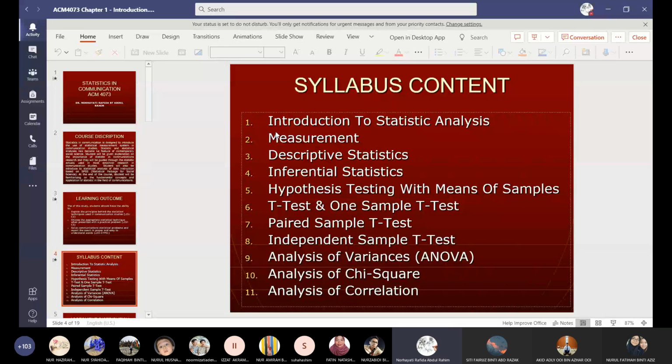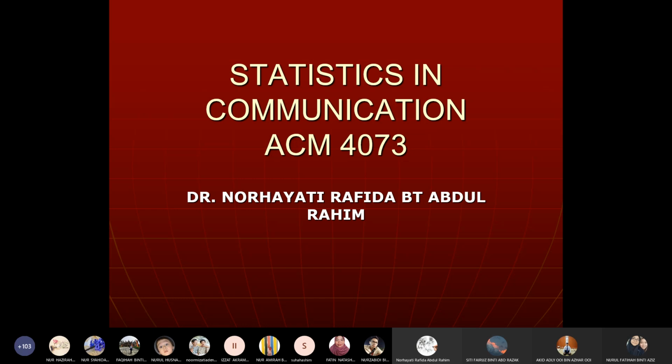So there are techniques under t-test. So it becomes 1. 1, 2, 3, 4, 5, 6. And then ANOVA is actually measuring difference too.